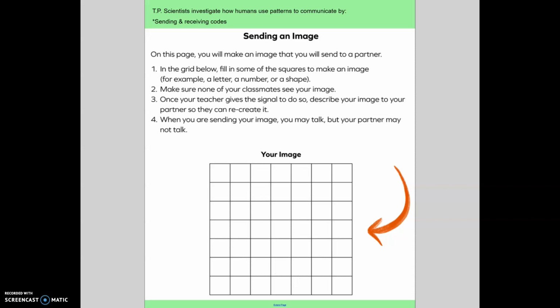Okay. So you're going to draw a smiley face, and it's going to be 3 squares tall. Okay. And there's going to be a smile that goes from one side to the other.